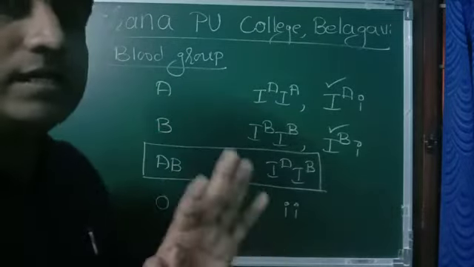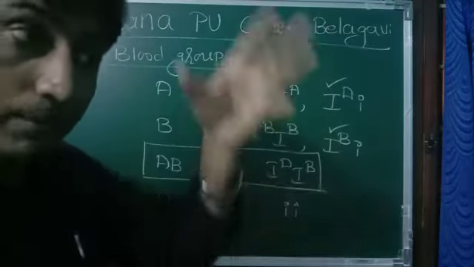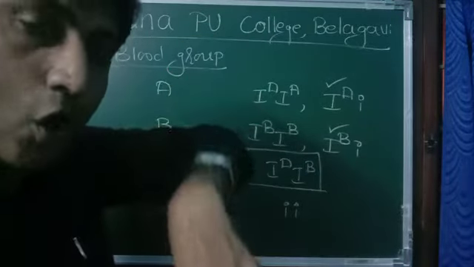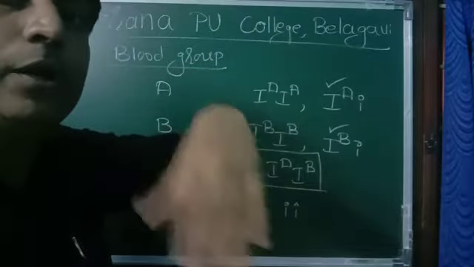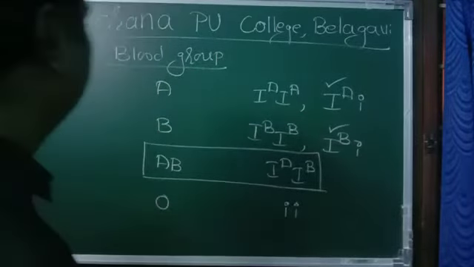Now, 1 or 2 examples we'll see of how to know the blood group of the offspring or the children when you know the blood group of the parents. Let us see.